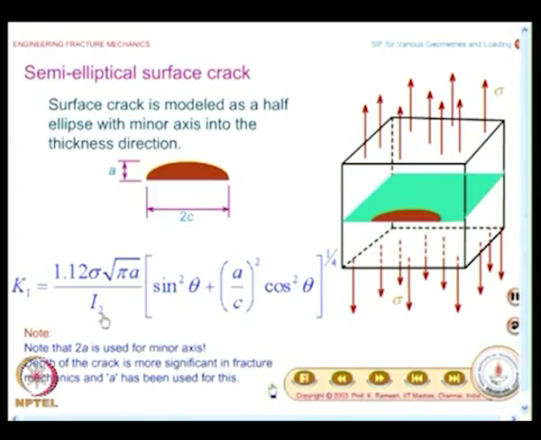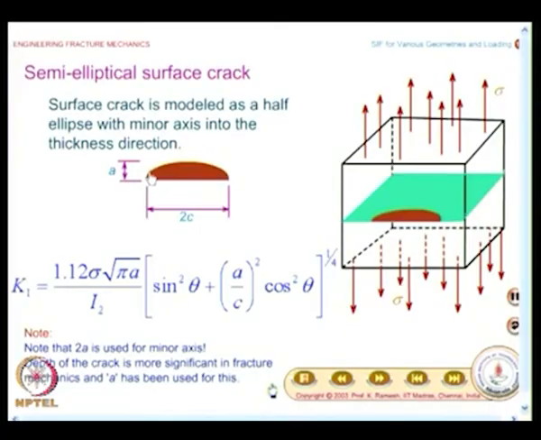You divide by I2 and put this expression in terms of theta: sin squared theta plus (a by c) whole squared cos squared theta, whole power 1 by 4. So, whatever knowledge we have gained in analyzing the SEN specimen, we have extrapolated and combined with the result from an embedded elliptical flaw.